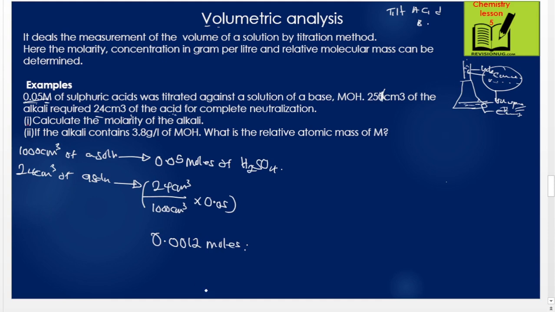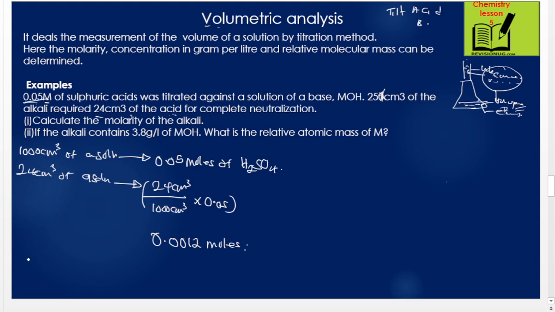These are the moles that reacted with the volume of the alkali, and the alkali was 25 cubic centimeters there, meaning that now we are going to compare using what we call the mole ratio. So we are going to use the stoichiometric equation here.